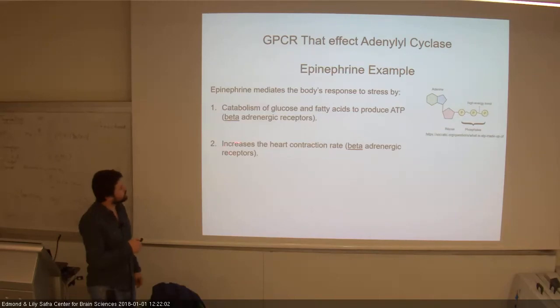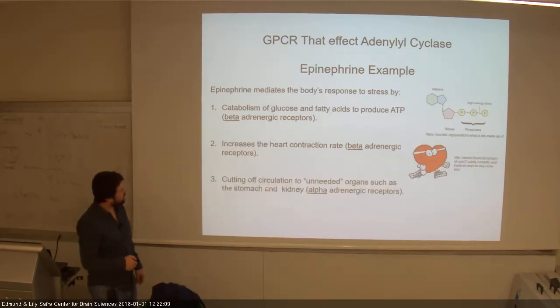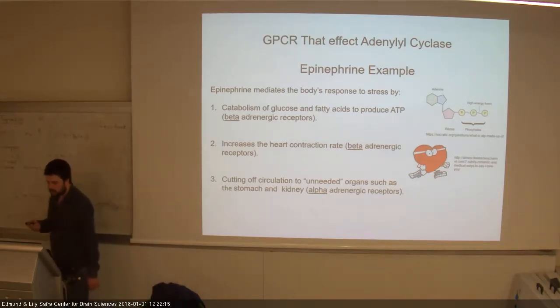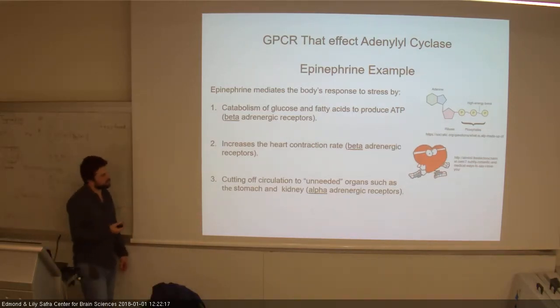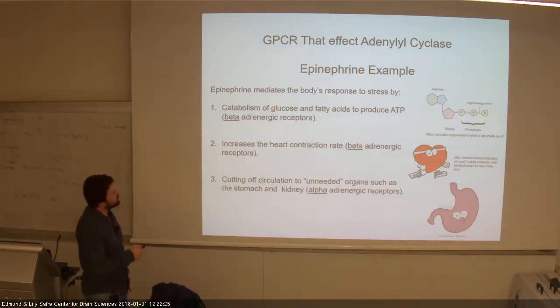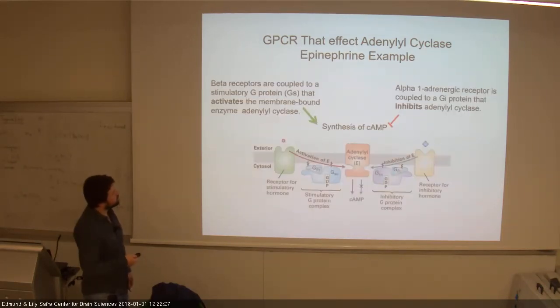You have an increase in the heart rate and contraction, again through beta-adrenergic receptors. And you have a cutting off of circulation to unneeded organs such as the stomach and kidney. This is part of the fight or flight response of the body, mediated by these three elements, all of which are mediated by G proteins.